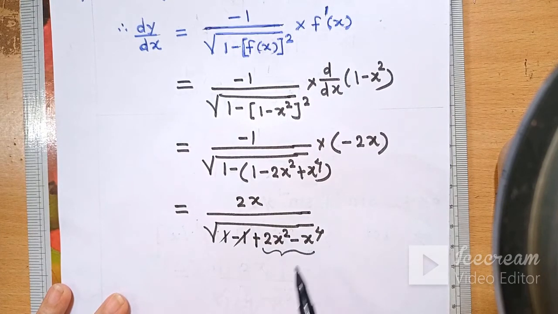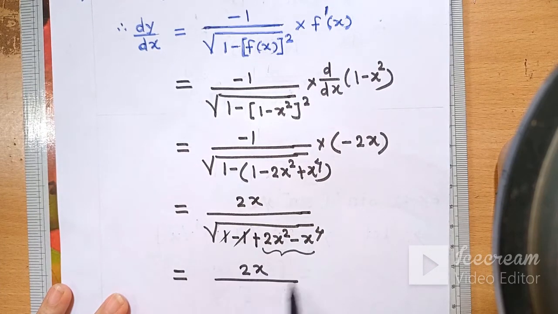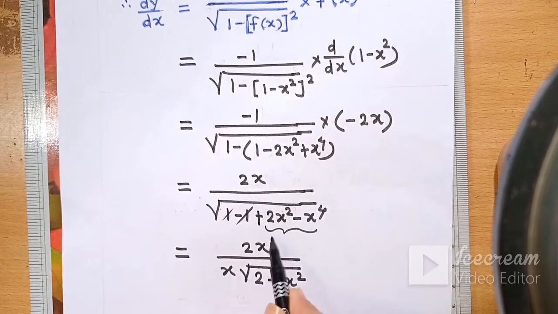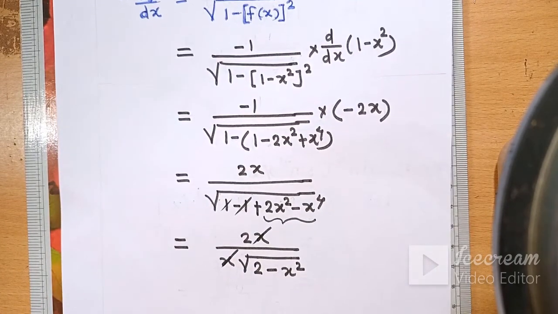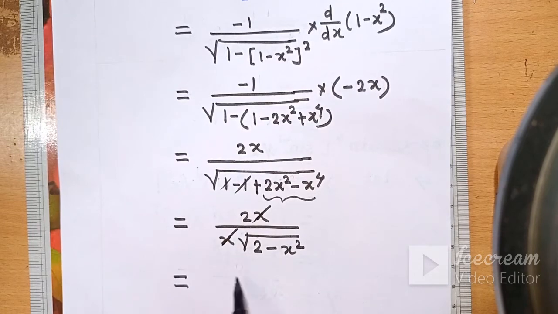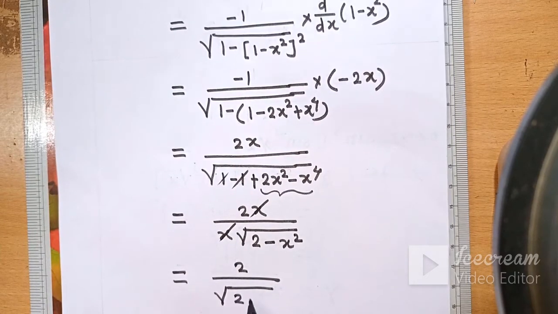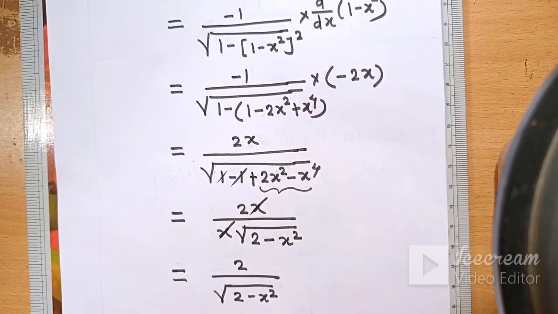From these two terms we will take x square common, and out of the radical sign it will become x. Under root, now here 2 minus, and here x square remaining. Now again upside down, this x gets cancelled, and so the final answer is 2 upon root 2 minus x square.